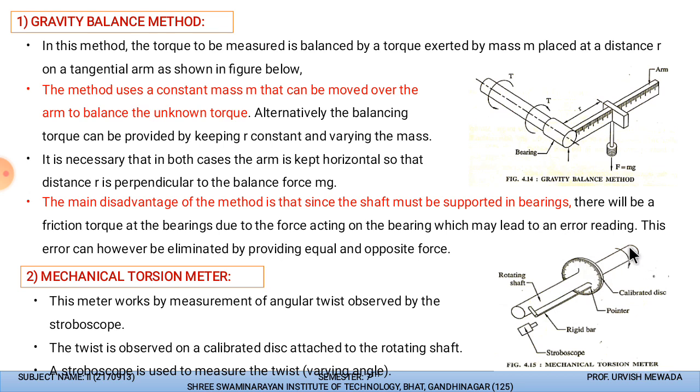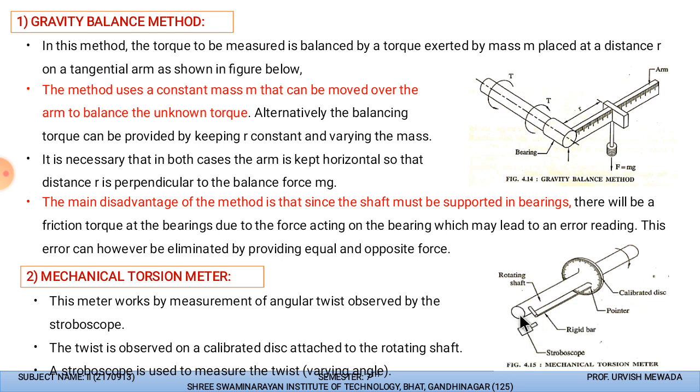The twist is observed on the calibrated disc attached on the rotating shaft, and a stroboscope is used to measure the twist, that is, the varying angle. Whenever we put the stroboscope over here, we set the blinking. The stroboscope is a device in which the lamp blinks, and we can vary the blinking frequency as per our requirement.